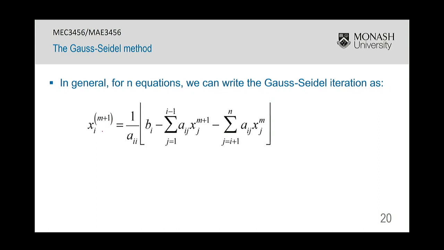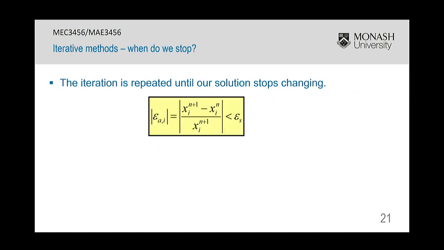So xi at m plus 1 is equal to 1 on aii, that's the diagonal, multiplied by the right hand side b, minus this sum of terms where for all of the terms where j is less than i, in other words j goes from 1 to i minus 1, we use the new values, and for all subsequent values, in other words j goes from i plus 1 to n, we use the old values. So that's it for Gauss-Seidel. It's not very different, just a subtle change in how you do it.